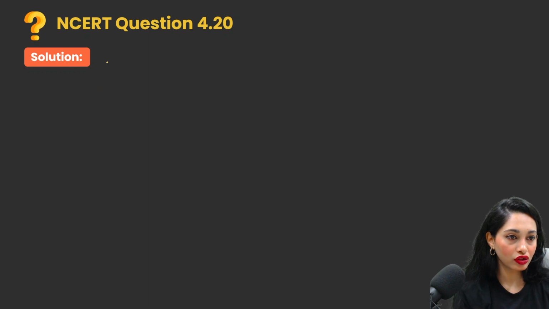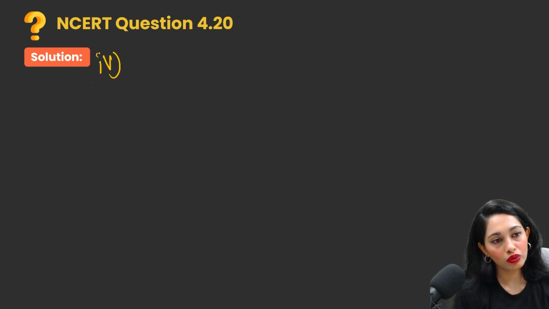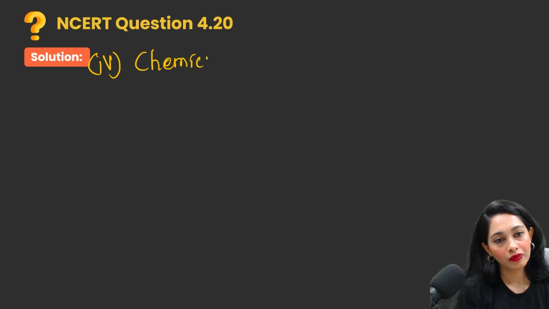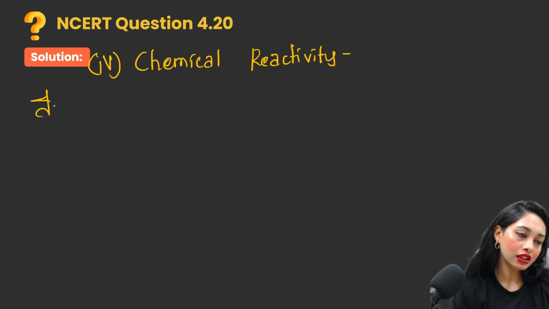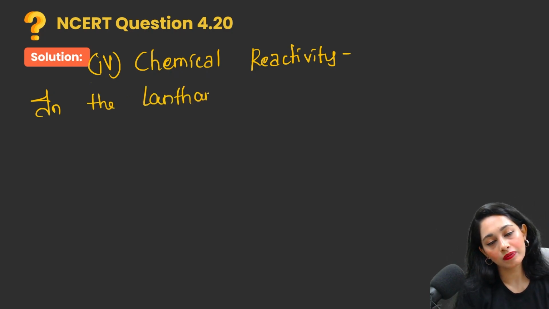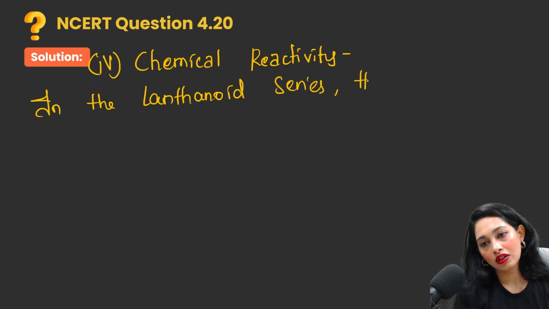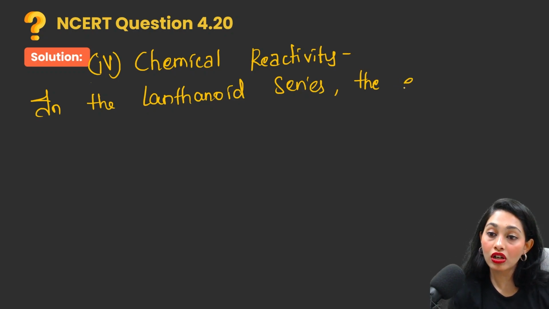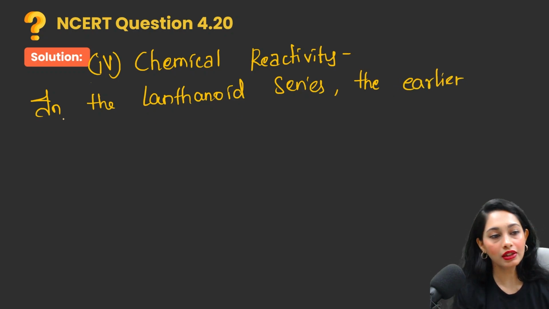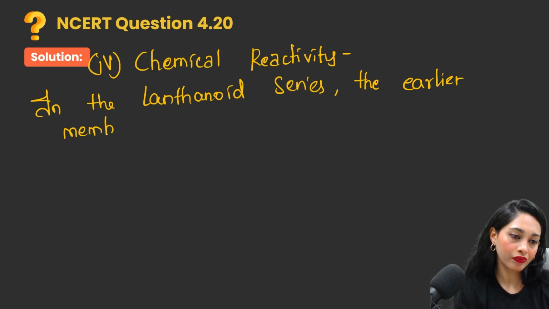Next is to discuss the chemical reactivity. Fourth one, chemical reactivity. So in the lanthanoid series, the earlier members are more reactive.